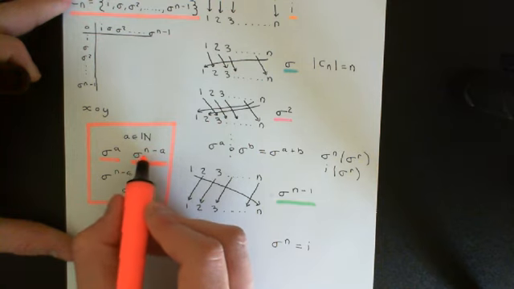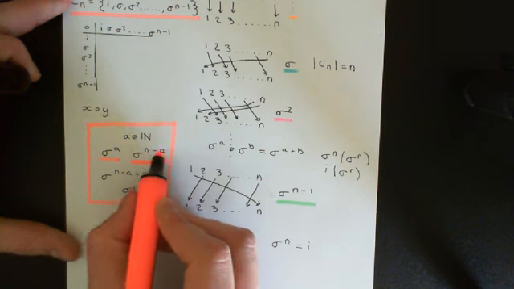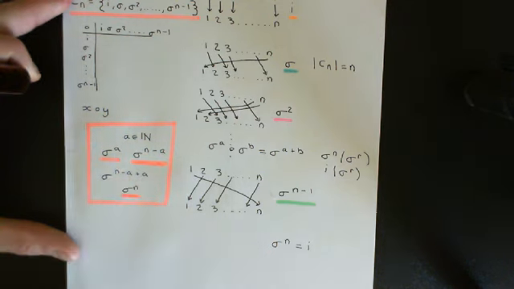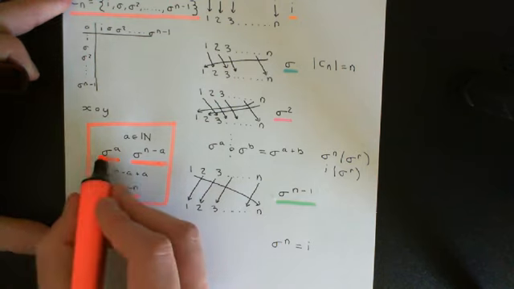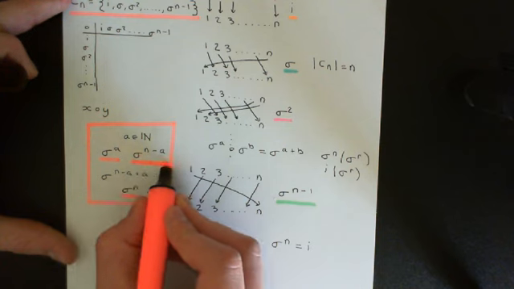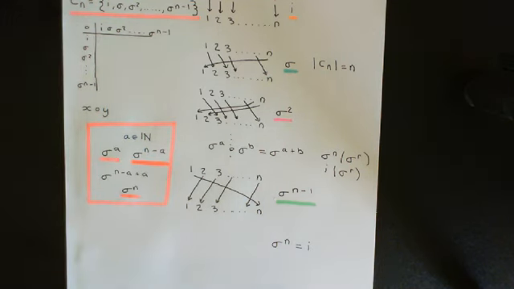Okay, so the complementary portion basically that takes the power of sigma up to little n basically. Okay, so if I do have some sigma to the power of a, then I can find you this element sigma to the power of n minus a, and when I compose those together, I will now get sigma to the power of n, which I know is the identity basically.